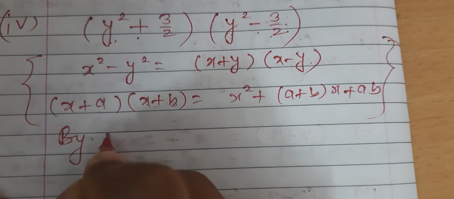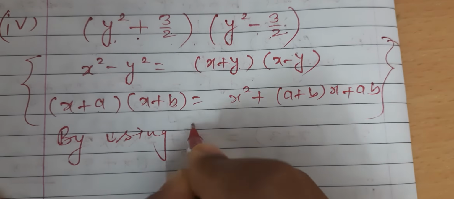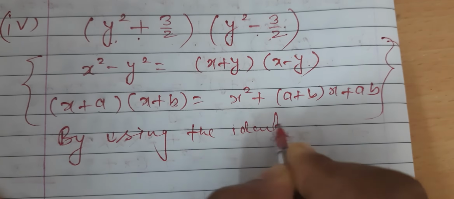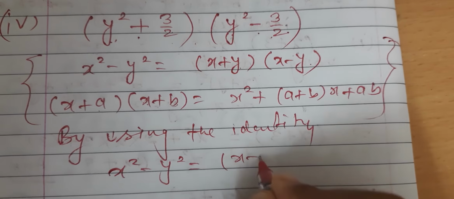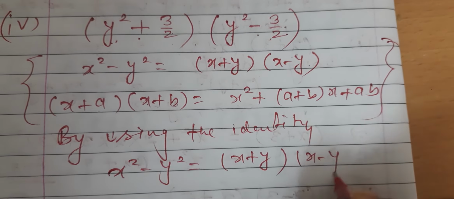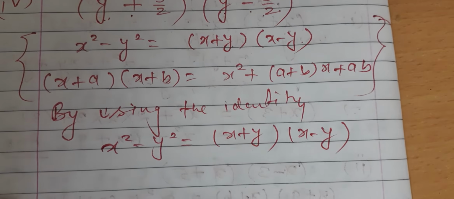So I will write by using the identity x² − y² = (x + y)(x − y).